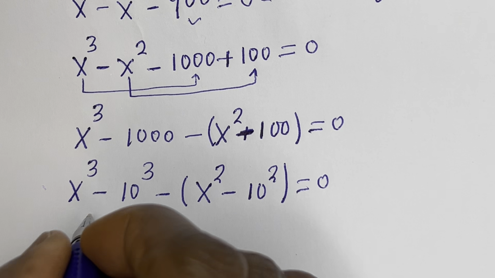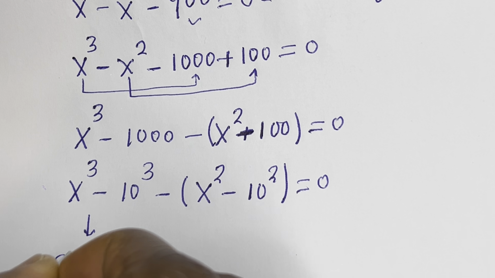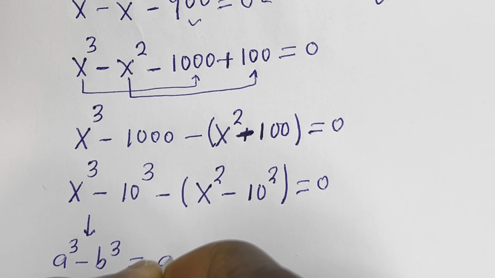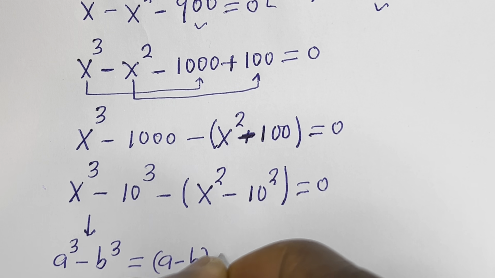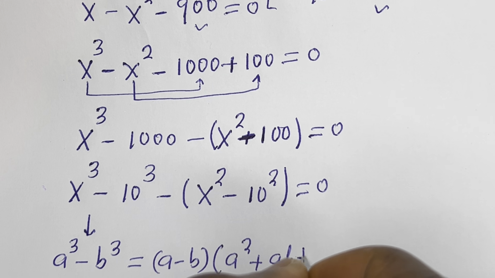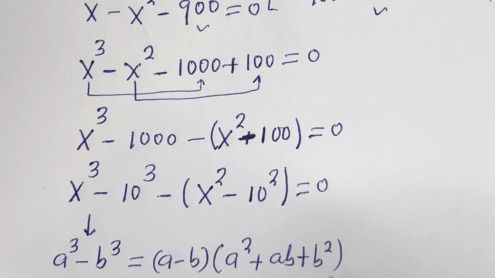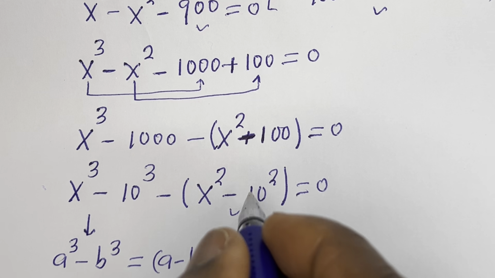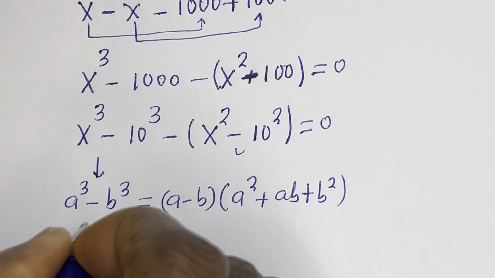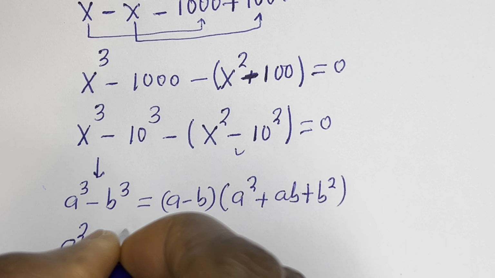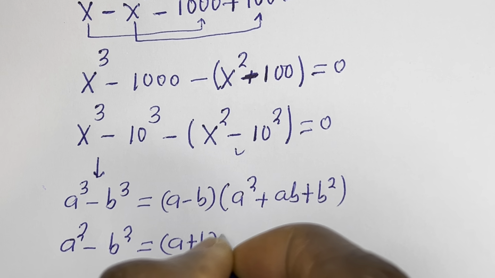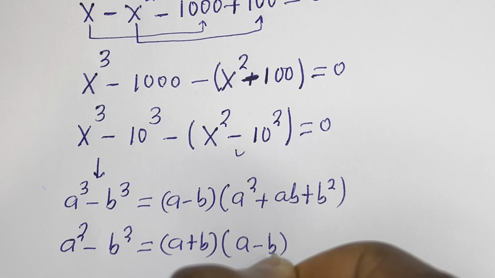Then take note of this, that if you have from here a to the power of 3 minus b to the power of 3, this is equal to a minus b bracket a squared plus ab plus b squared. Then also from here, this is in the form of perfect square. If you have a squared minus b squared, this is equal to a plus b bracket a minus b.